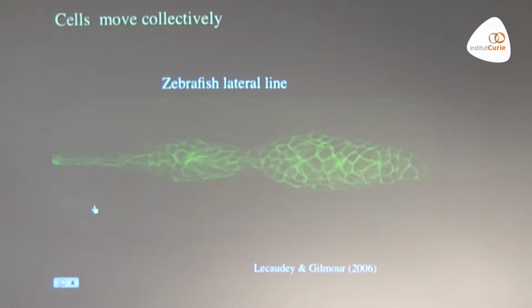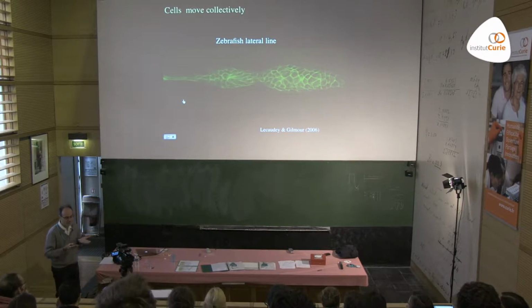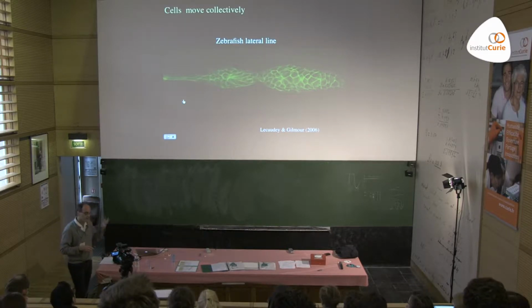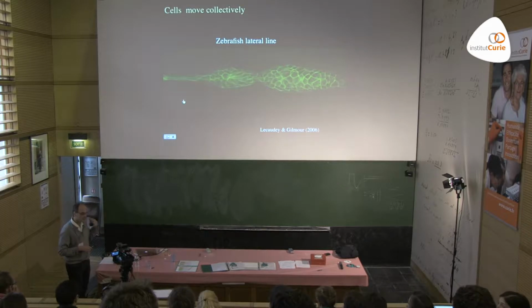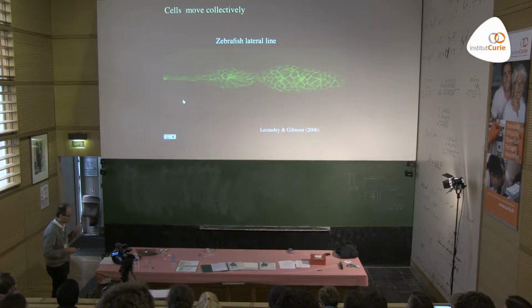So this kind of motion where cells move together: classically there are two kinds of cells. Cells that are epithelial, and then they undergo this epithelial mesenchymal transition where single cells move and do things.